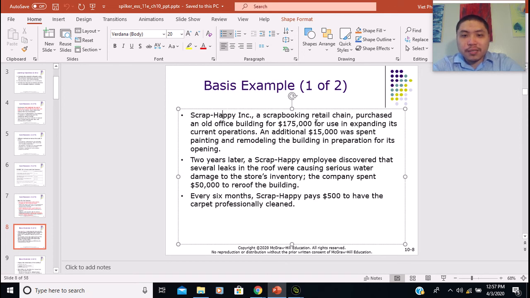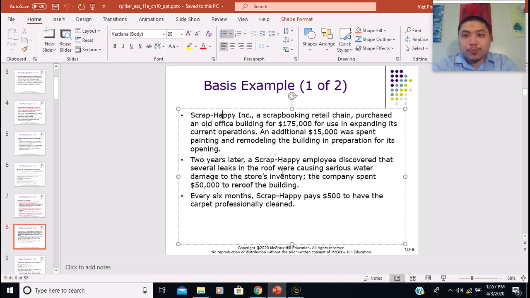And then before putting the building to use, the company spent another $15,000 to remodel and fix the building, right, before they put it into use. So in total, initially the building cost the company $190,000, right?